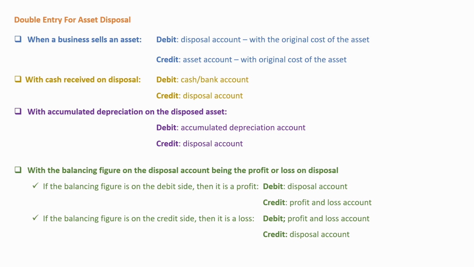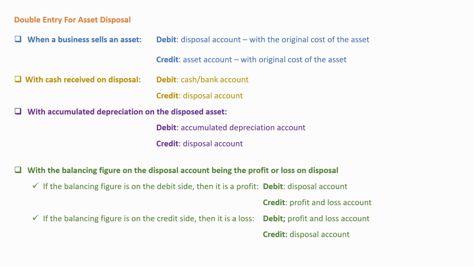So whenever an asset is being sold, we normally open an account known as the disposal account. And in that disposal account, these are the entries we normally make. The first one, when a business sells an asset, debit disposal account with the original cost of the asset.